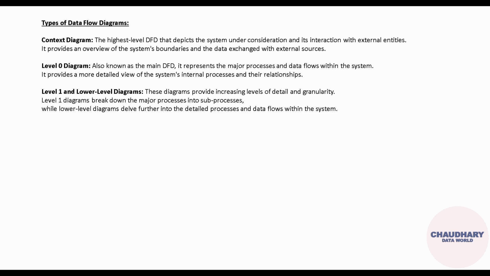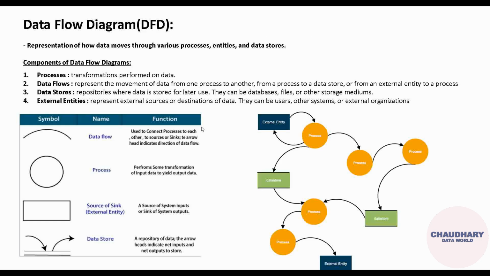Moving ahead with another thing, that is the types of data flow diagram. Definitely, this diagram might be an eagle eye view, that means the overview, a very highlighted view. After that, it might go to the granular level one by one.